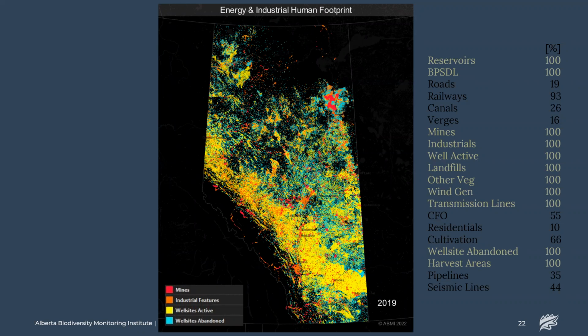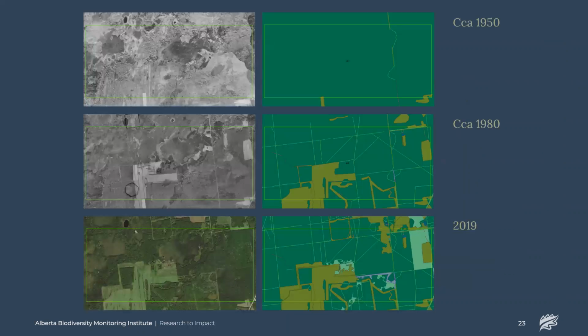While we are not there yet, we have created this temporal human footprint data set on what we call sample scale based data. So within the province, we do have our ABMI sites, distributed 20 kilometers by 20 kilometers, with dimensions of 3 kilometers by 7 kilometers. Within all of these rectangles, you can see imagery on the left side and polygons on the right side.